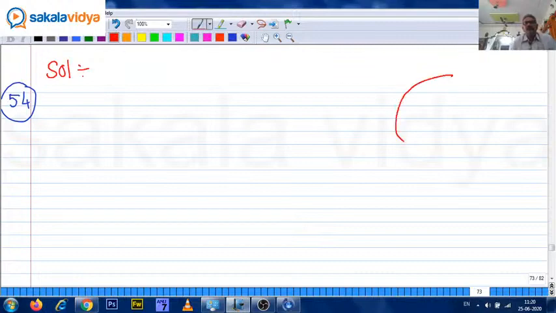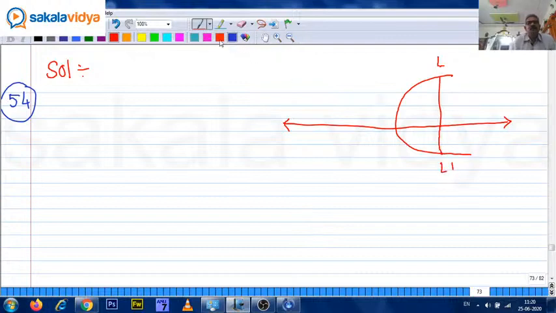So let me draw the rough figure. This is y square is equal to 4ax. This is the axis, latus rectum. This will be the latus rectum, say L dash, subtends angle theta. This is theta. This angle is theta at vertex A. So this will be A comma 2A, ends of the latus rectum.